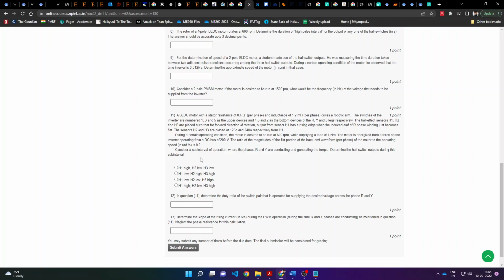The Hall effect sensors H1, H2, H3 are placed such that for the forward direction of rotation, output from H1 has a rising edge while the induced EMF of the R phase winding just becomes flat. Sensors H2, H3 are placed at 120 and 240 degrees respectively. This is 120 degrees, right?